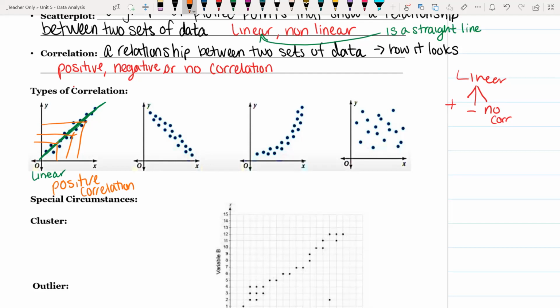Okay, what about the next one? Does that make a straight line? It does. So this is also linear. And what we notice is as x increases, y decreases. So that means it's negative correlation.